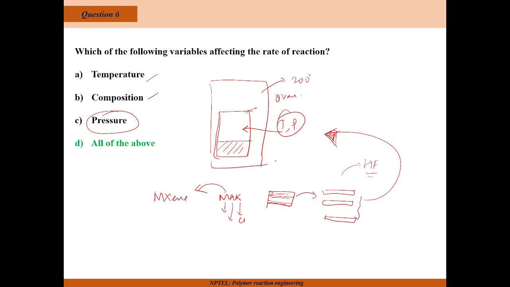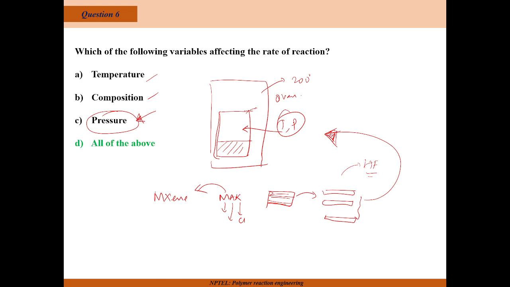So there are reactions that particularly depend on the pressure we apply so that they form our desired output. So, as Sir said, the answer is all of the above. Temperature, composition, and pressure all contribute to the rate of a reaction.